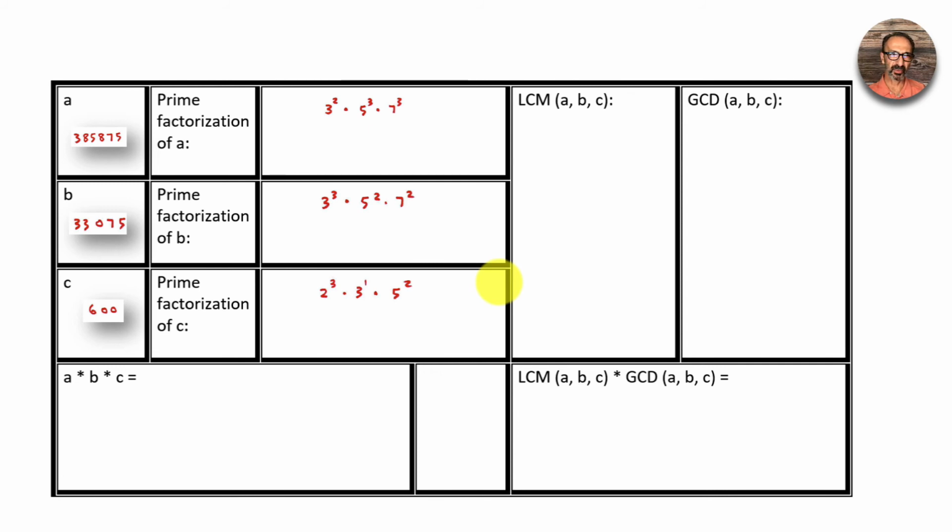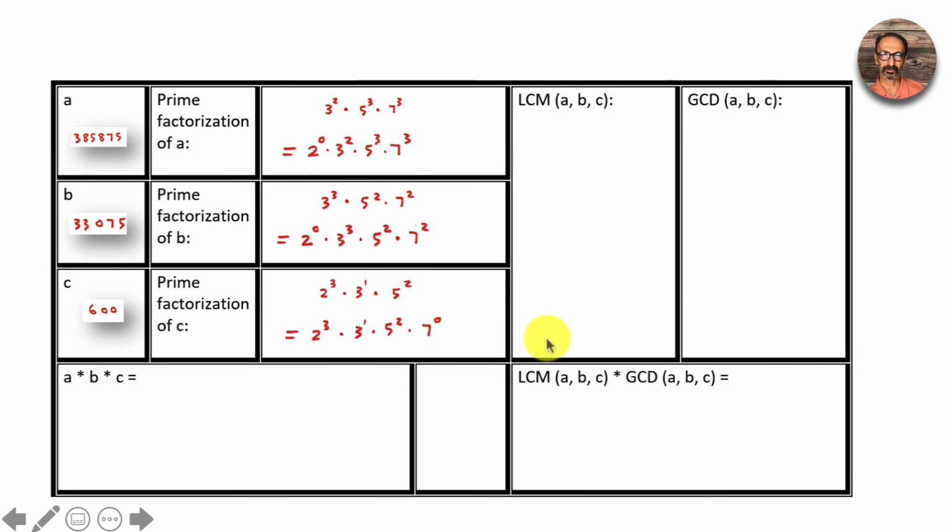Now, because I'm speaking 3's and 2's, I could see 5's and 7's. I'm gonna display it in more detail. So this has no 2's, so I showed it. This has no 2's, and this has no 7's, as you can see.